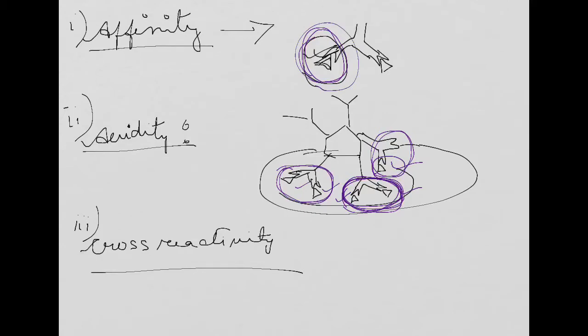But the affinity of a monomer will be more than a pentamer, because the strength at which an antigen binds to an antibody will be more than a pentamer, because pentamers will be loosely attached. So we can say avidity provides more stability to antigen antibody complex.